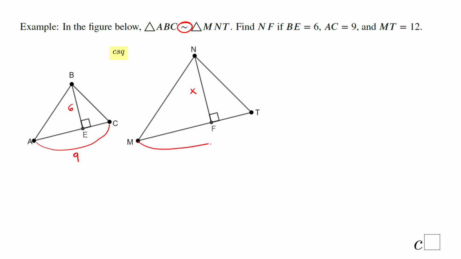So we can use the first theorem we discussed today. If you remember, we had something like BE over NF. We can write it like this. It's not the only one, by the way. Equal AC over MT.